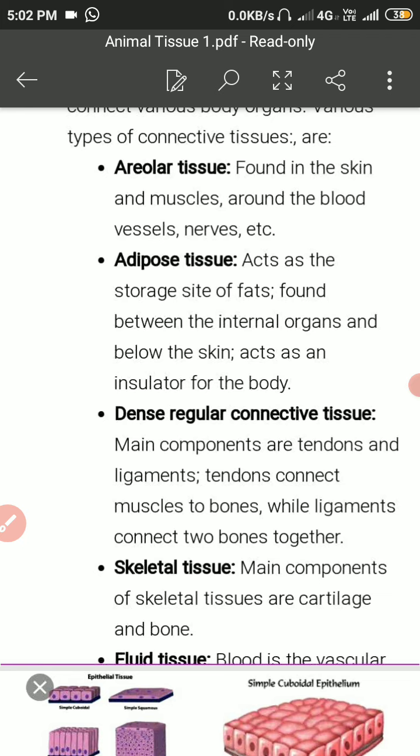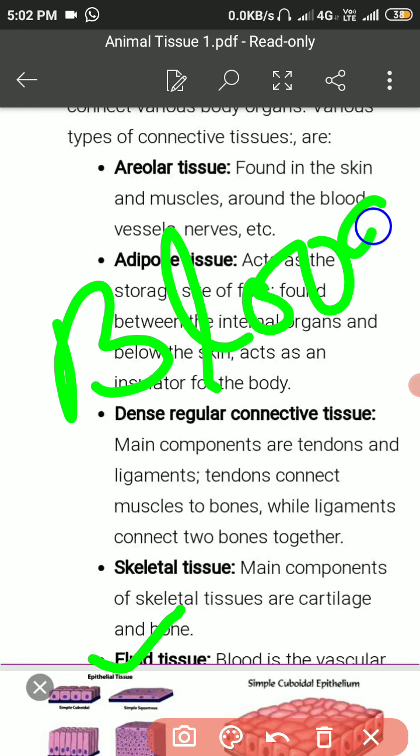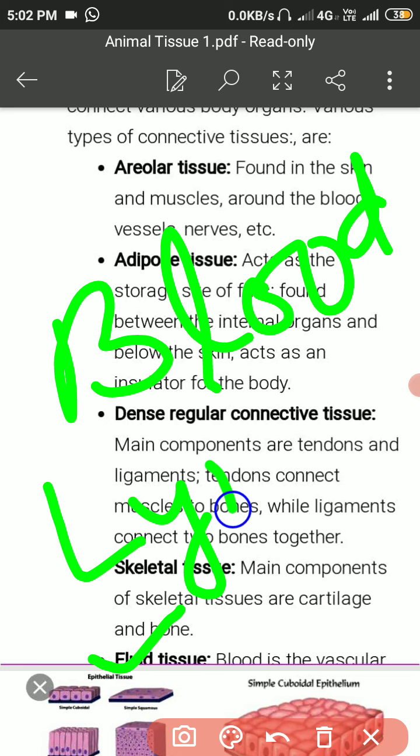These fluid tissues are called connective tissue because they run throughout the body, and in these two fluids are there. These are the blood and lymph. So blood and lymph are the fluid tissue.